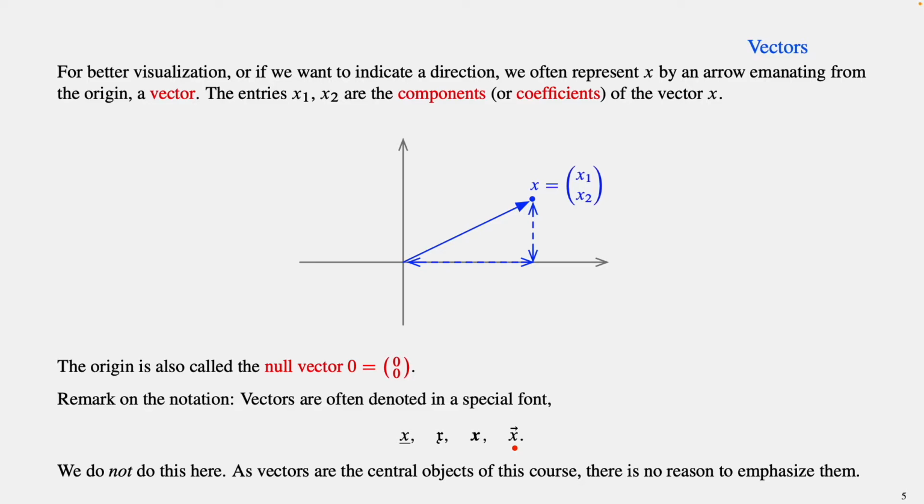I will not do this in this course because vectors are the central objects of this course, and it's quite usual in linear algebra courses to not use a special font to indicate vectors for this very reason. So you have to live with the fact that vectors are just written in the same font as normal numbers.